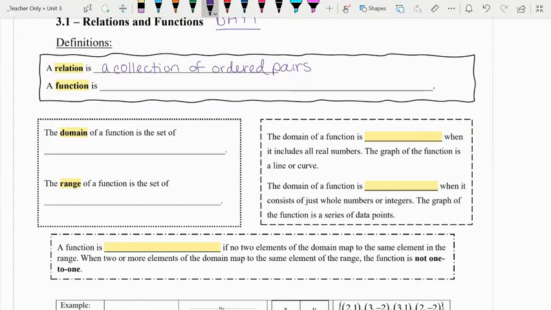Now a function is different. Not everything is a function. So a function is a type of relation in which each input has exactly one output.